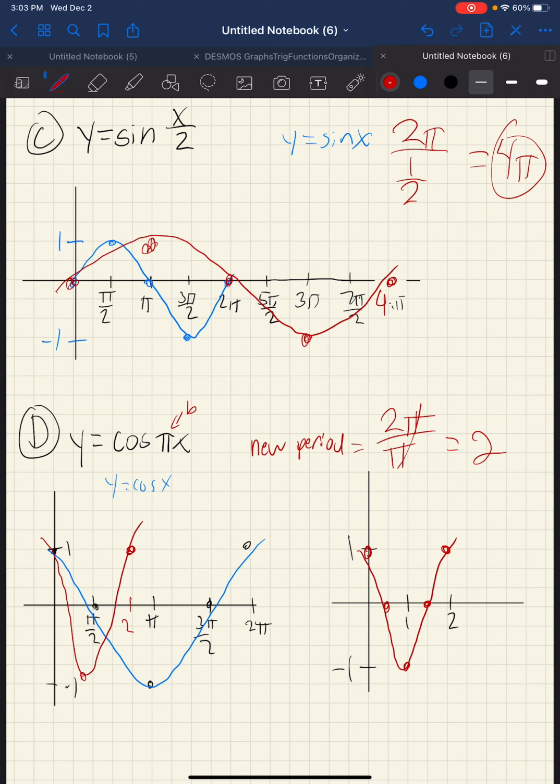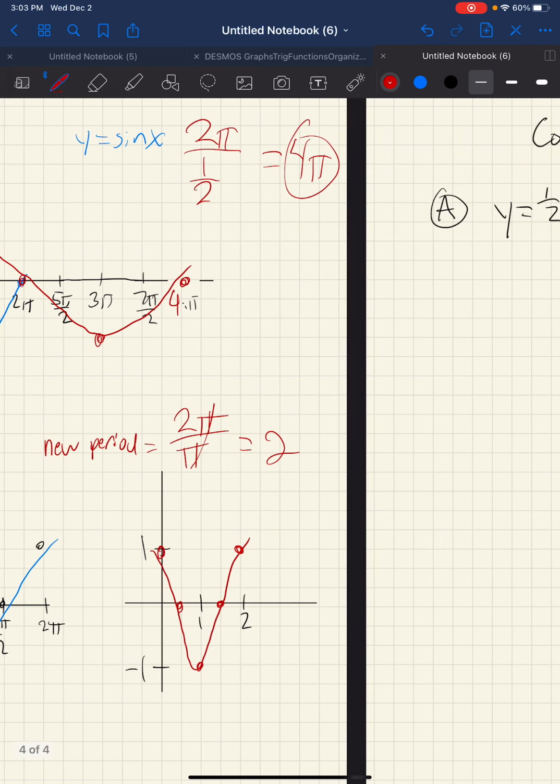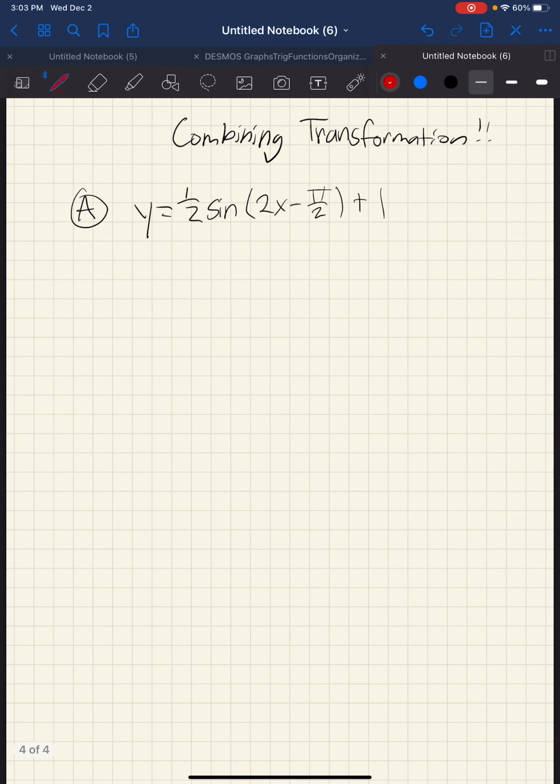All right. Now lastly, I will have you do something on your own. But first off, this is combining it all together, and we're not going to graph it. I just want you to see that if you have a 2x minus pi over 2, what I want you to do is write y equals 1/2 sine of 2.